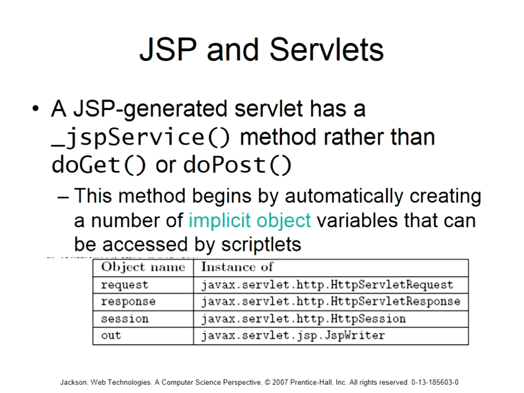This method begins by automatically creating a number of implicit object variables that can be accessed by scriptlets. These variables are request, instance of HttpServletRequest, response, instance of HttpServletResponse, session, instance of HttpSession, and out, instance of GSP writer.